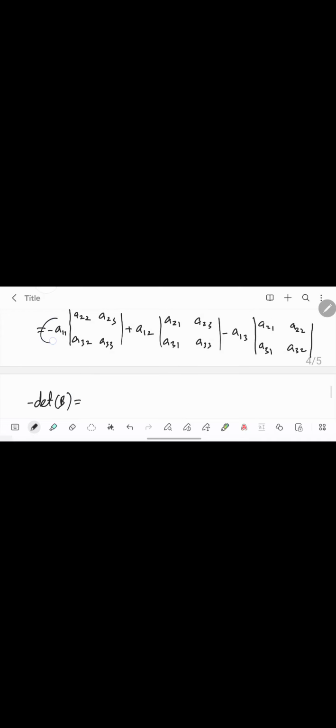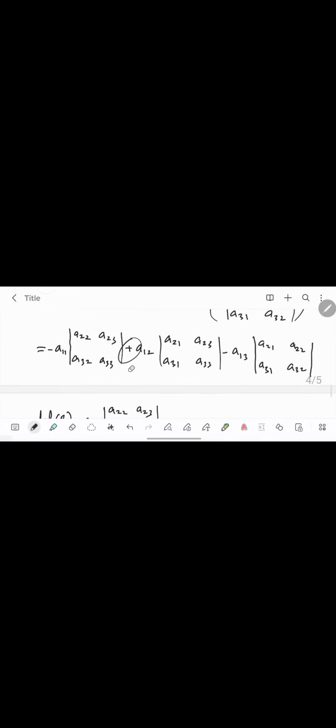If I write minus determinant of B, if I multiply this with minus, this minus will become plus. This plus will become minus because I am multiplying everything with minus. A21, A23, A31, A33. And this minus will become plus because I am multiplying everything with minus.